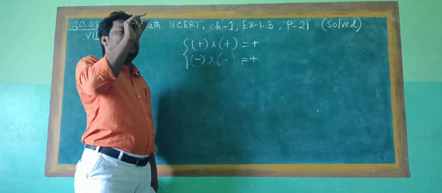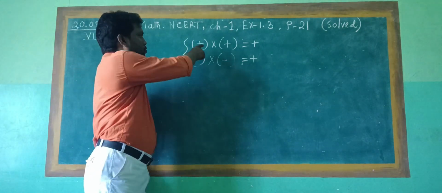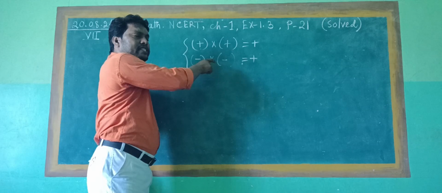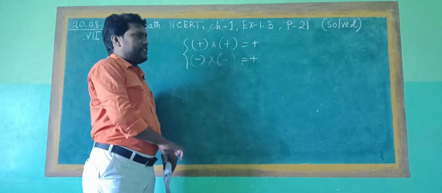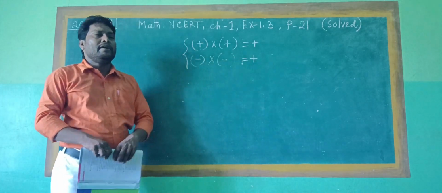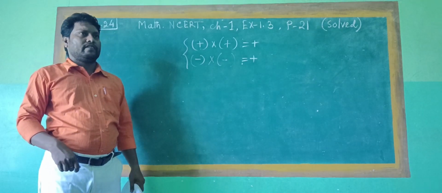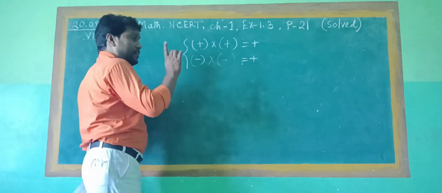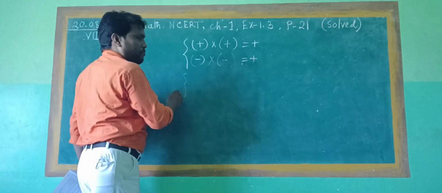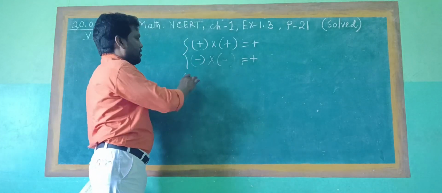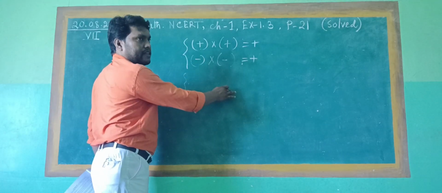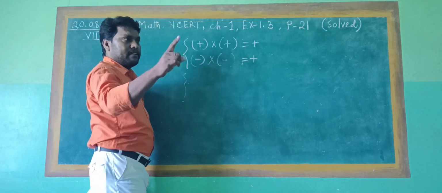When you find the product of two integers with the same sign, the result will always be positive. And if the signs are of two types, plus and minus, or minus and plus, it is always negative.